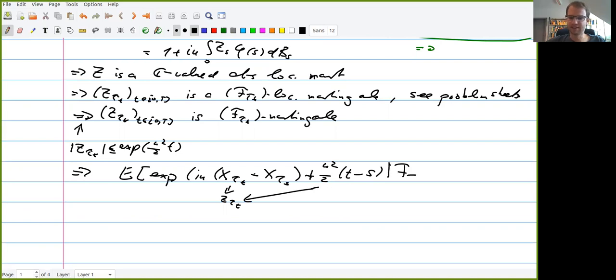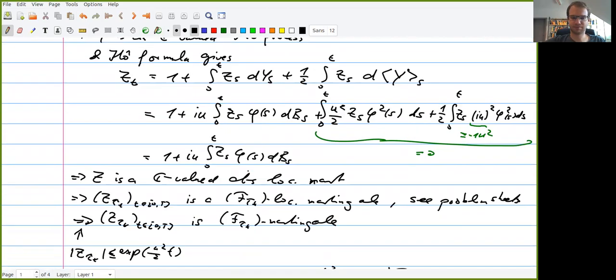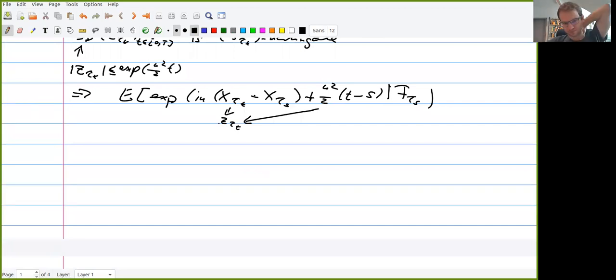Sorry. Right, so we apply the martingale property. Okay, sorry, I want to apply the martingale property of tau_t to this object, and Z is then the exponential of this object, right? So you can check the definition that this is nothing else.